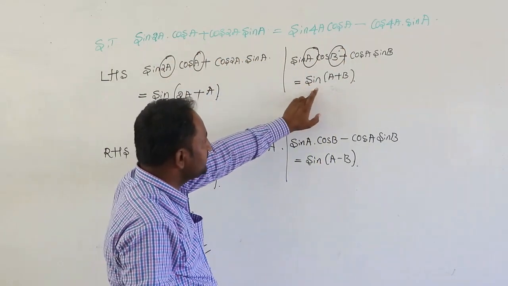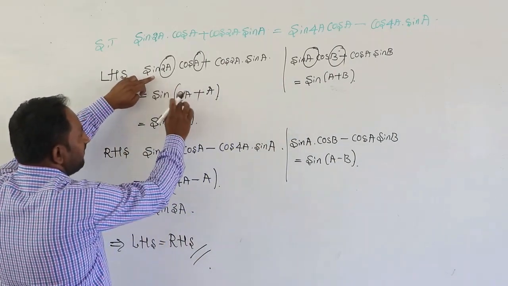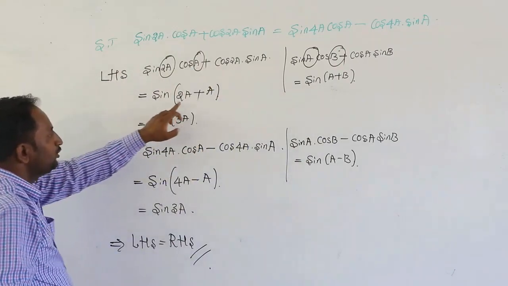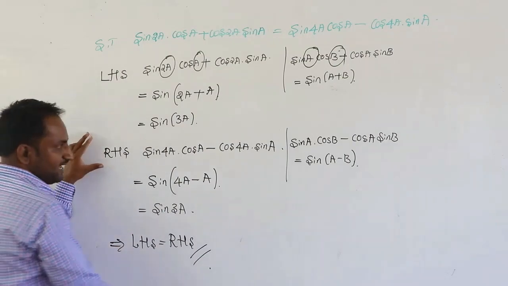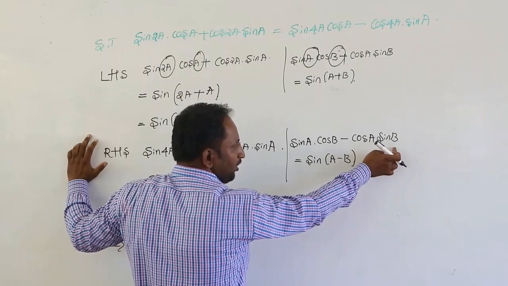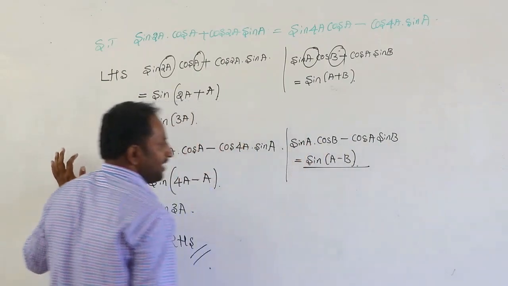Here a is 2a and b is a, then 2a plus a is 3a. Here the RHS is sin a cos b minus cos a sin b, the standard result sin of a minus b.